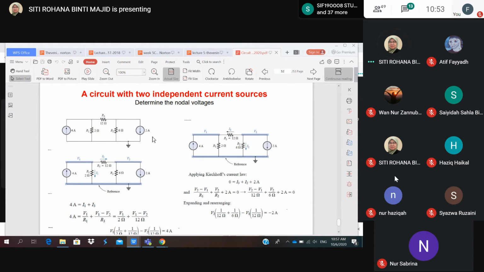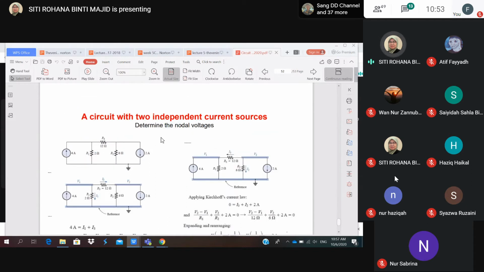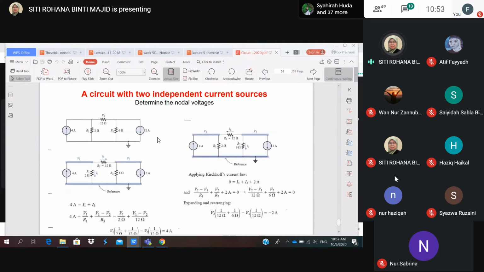Okay, so again you will start with Kirchhoff's current law. The first thing you can do is label the lowest line as the ground, and then you have one node here, and another node from the second source here.